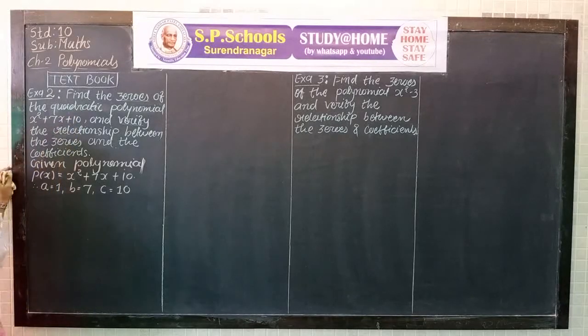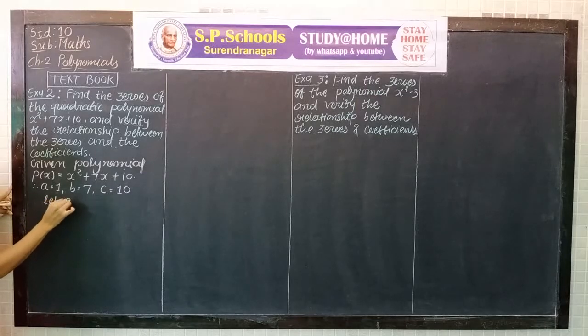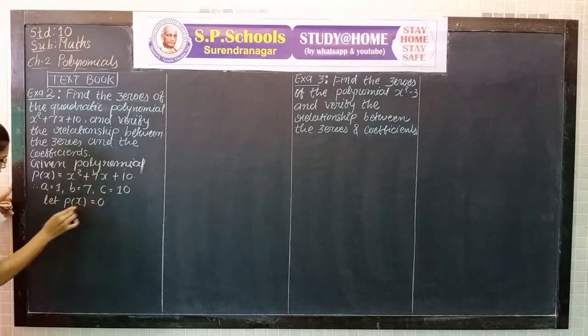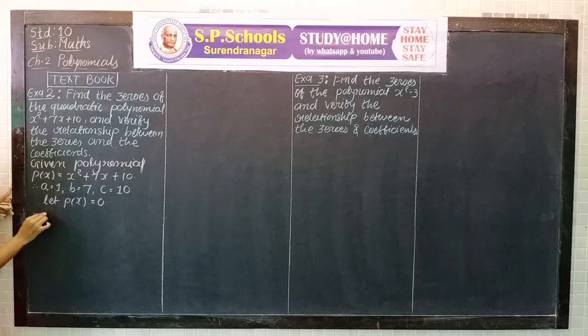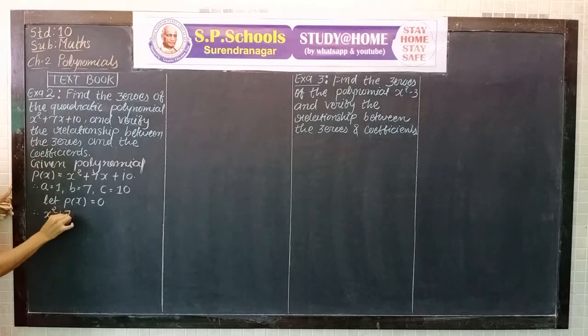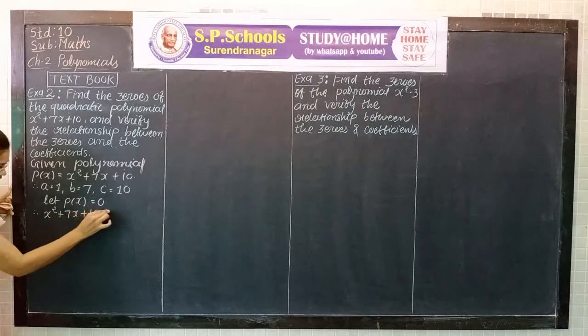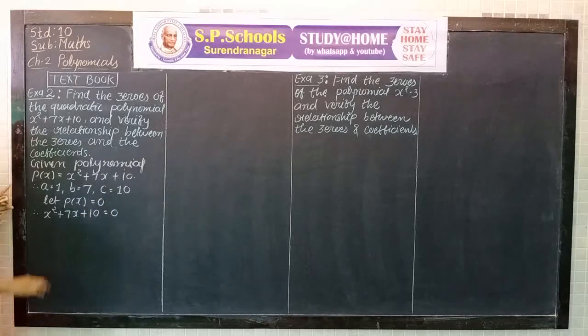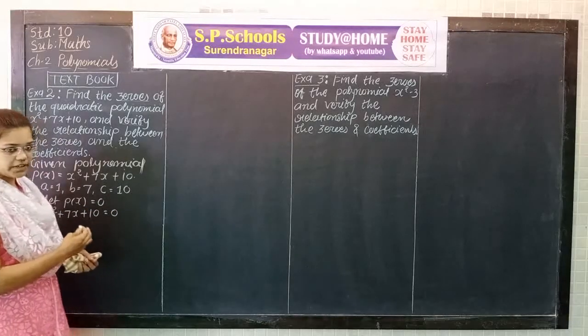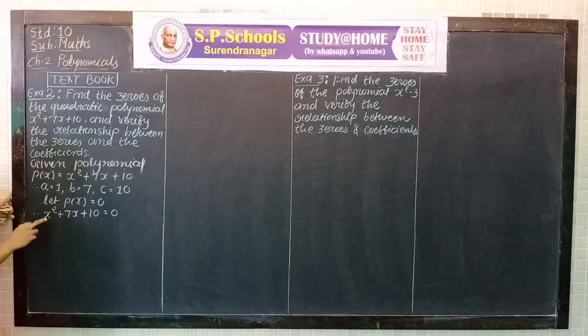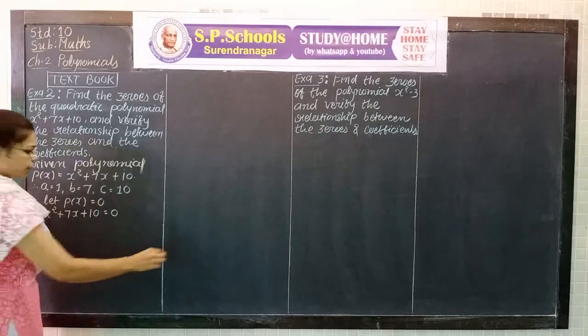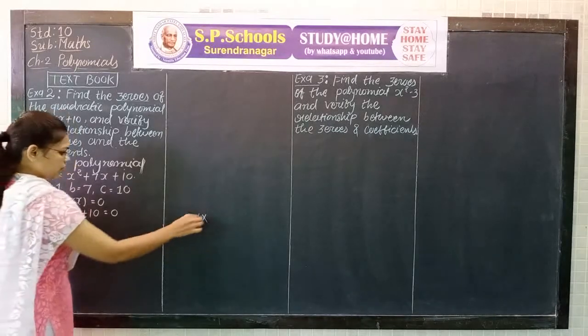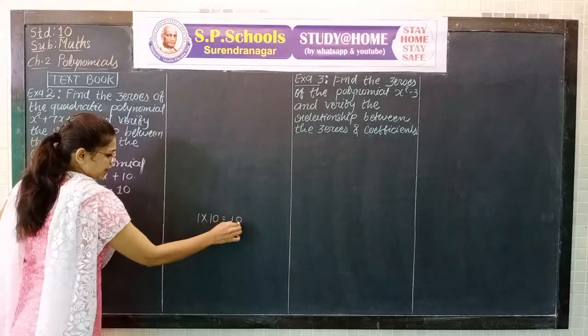First of all, we need to find zeros. Therefore, let p of x is equal to 0. Therefore, x square plus 7x plus 10 is equal to 0. Again, here we are using the splitting the middle term method. The coefficient of x square is 1 and the constant term is 10. 10 ones are 10.